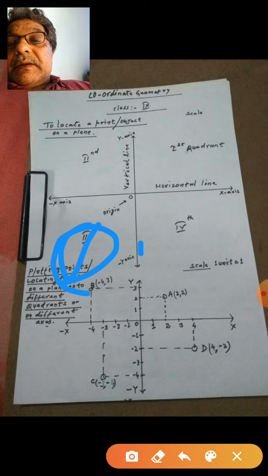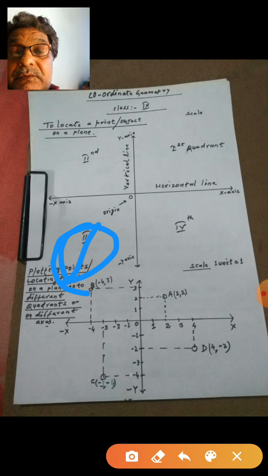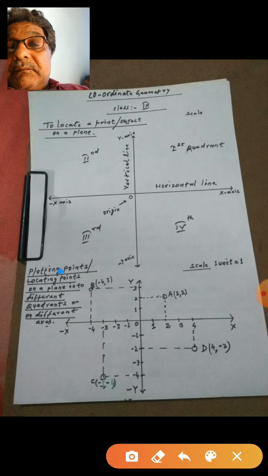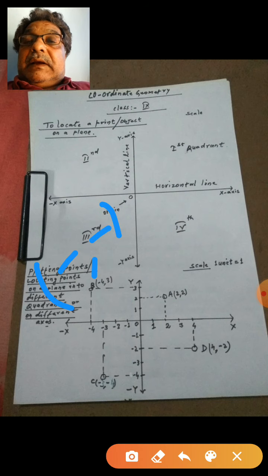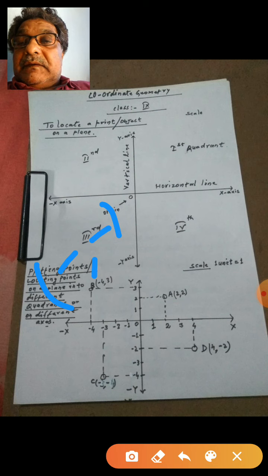So all such points will belong in this quadrant whose signs will be minus, comma, minus, that is, both coordinates carry a minus sign. Abscissa and ordinate are both negative.